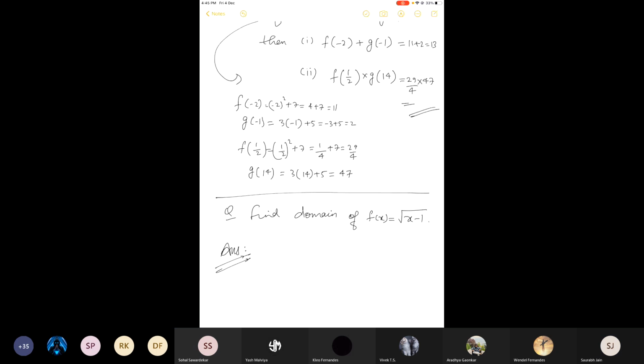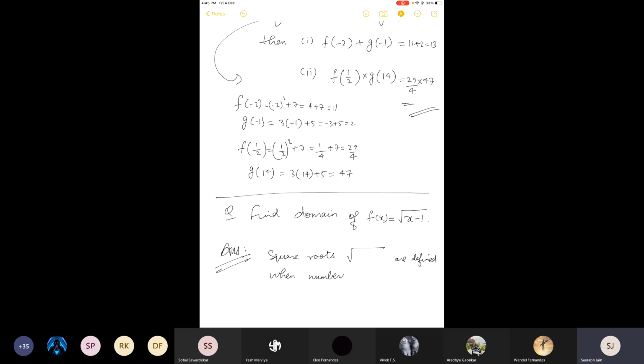Square roots. I think you have studied this thing in class 10th also. In the nature of roots topic, if anything under a square root came to be negative, then the roots were non-real. And we are talking about real values. So square roots are defined when numbers inside them are non-negative, right?